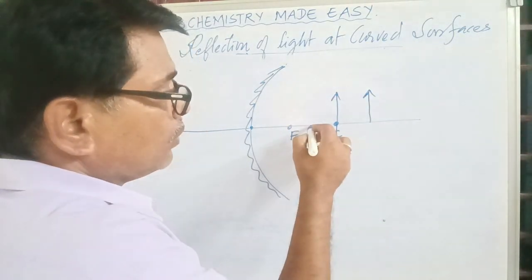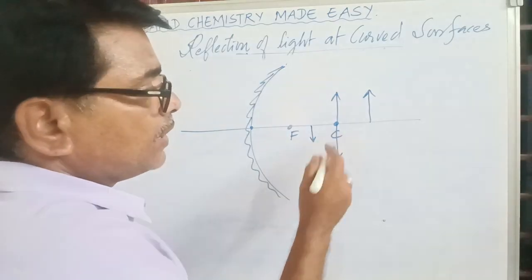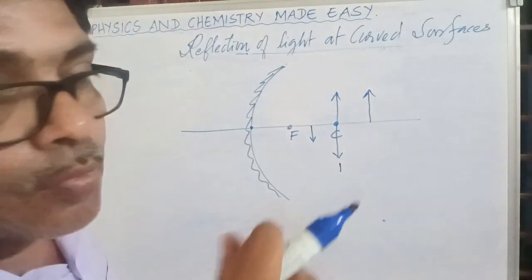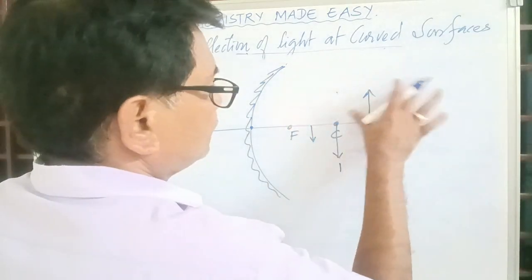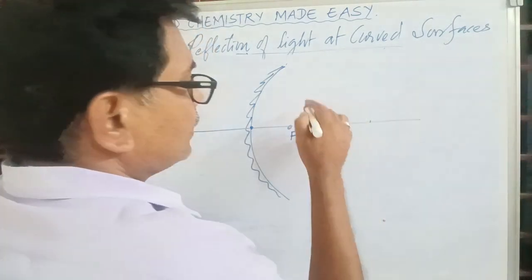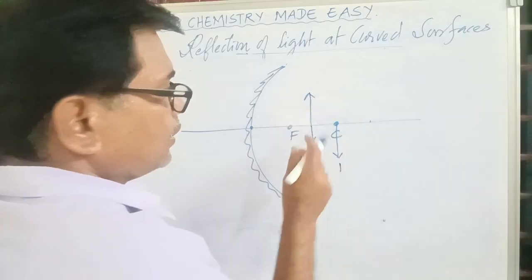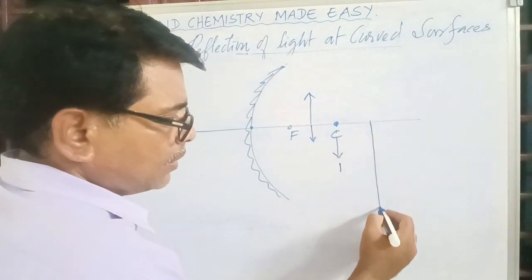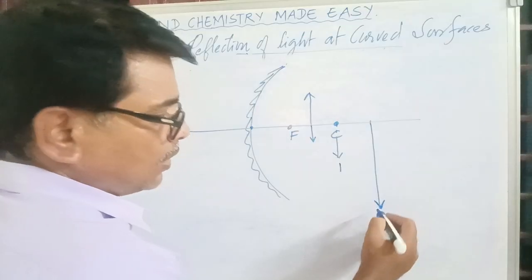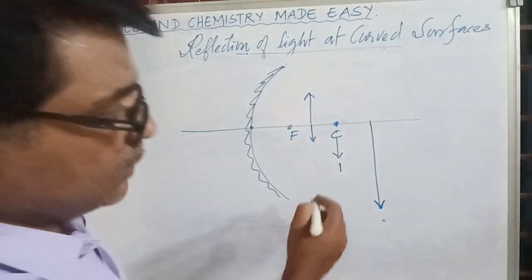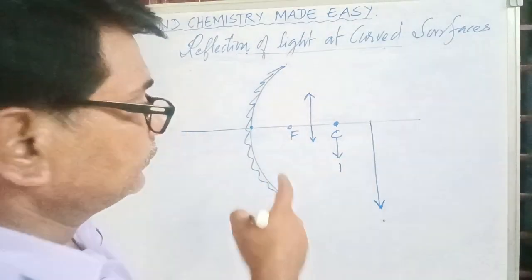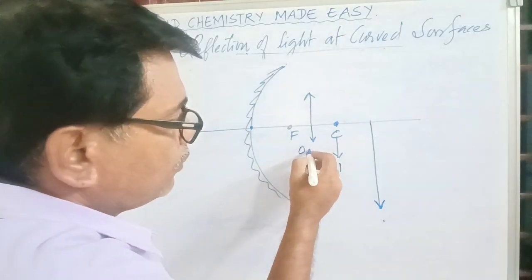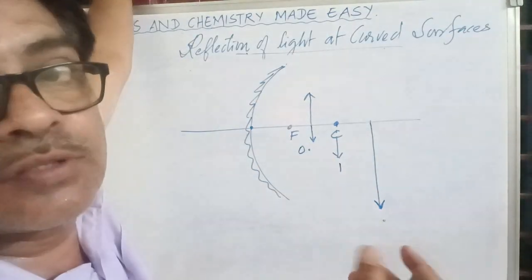If the object is here, beyond C, you will get the image here, between C and F. And just now I said the image forming towards left will be smaller, right? If the object is here, between F and C, then you will get an image beyond C, that is very big. Now look at the picture. Same size, I said it is 1. Then this is not the same size, it is diminished. Therefore for diminished, the value is less than 1, so it is 0 point something.